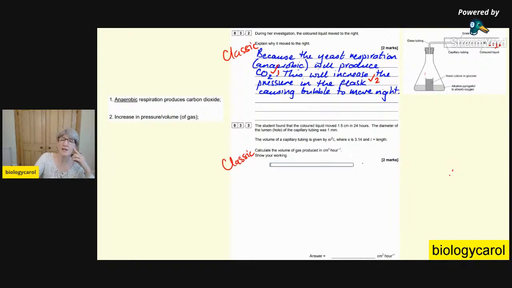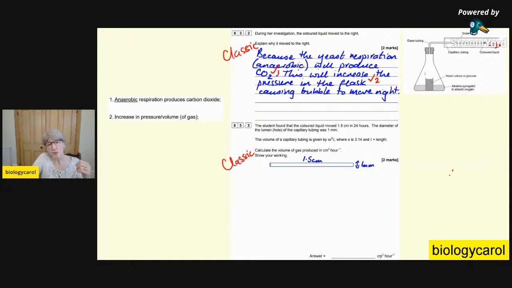Okay, so here is my capillary tube. I've drawn a very long, slim cylinder. I know the length is 1.5 centimetres and I know the diameter is 1 millimetre. And here's the crucial thing. If you don't know what you're doing, look at the units at the end of the question.